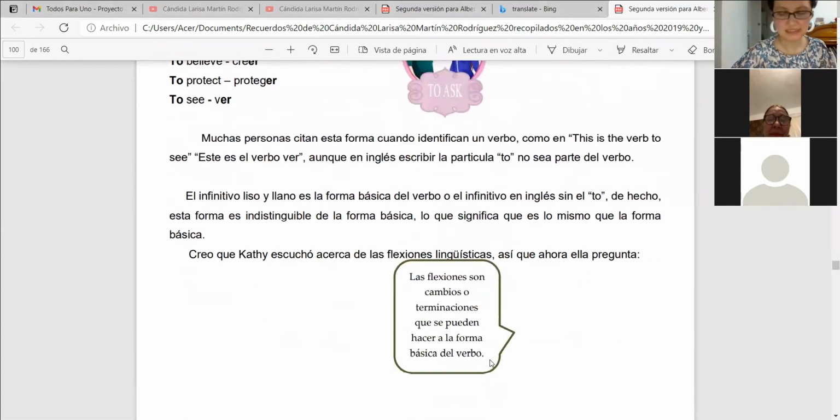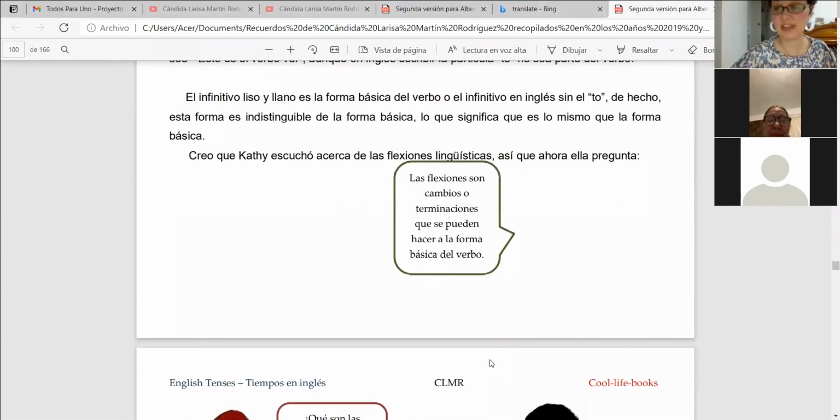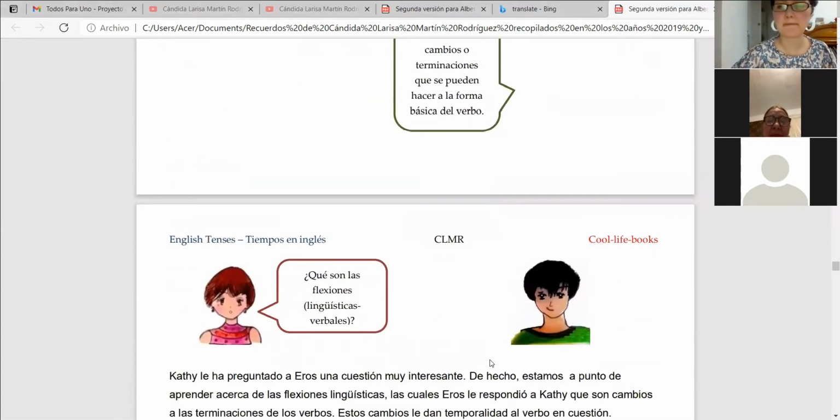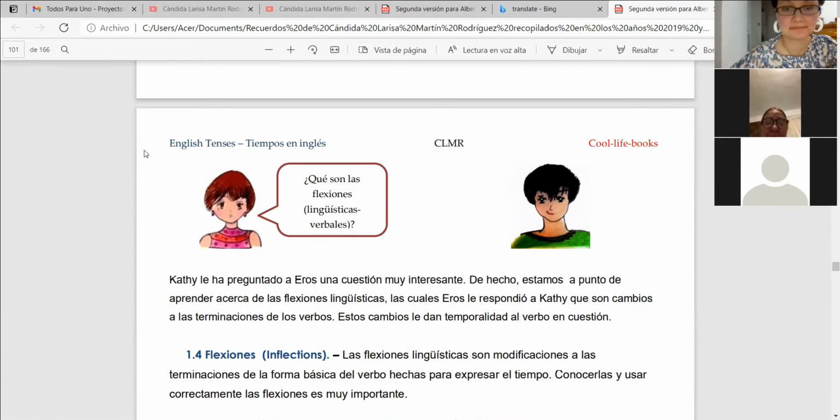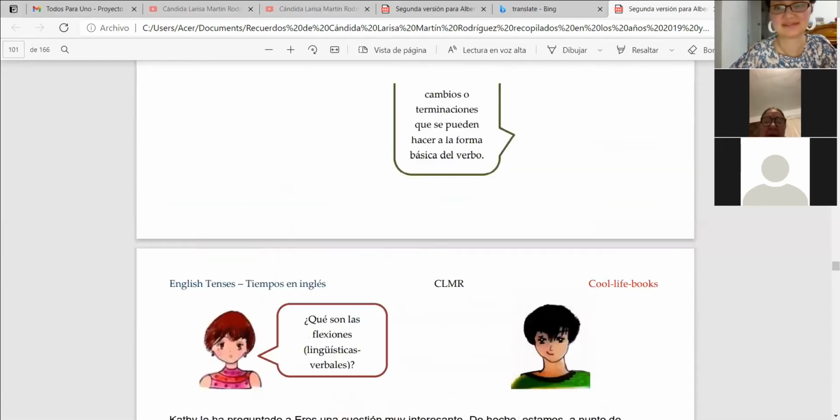Now we're going to talk about the inflections. Here, Kathy is asking, what are the inflections? What are the inflections in Spanish, Carmen? Flexiones. Modificaciones. Very good. En la forma del verbo.